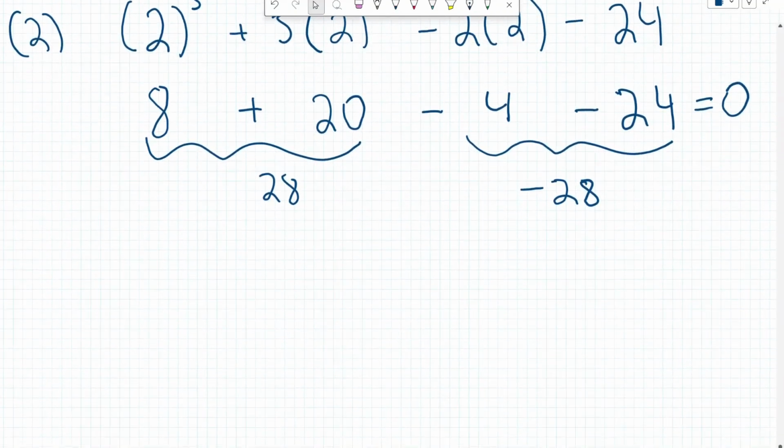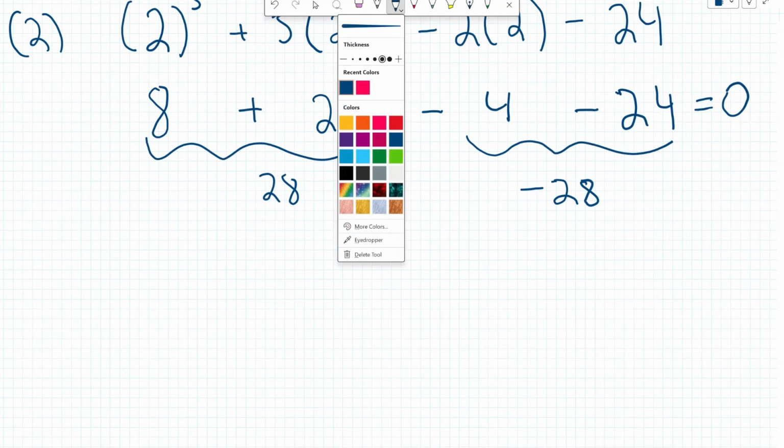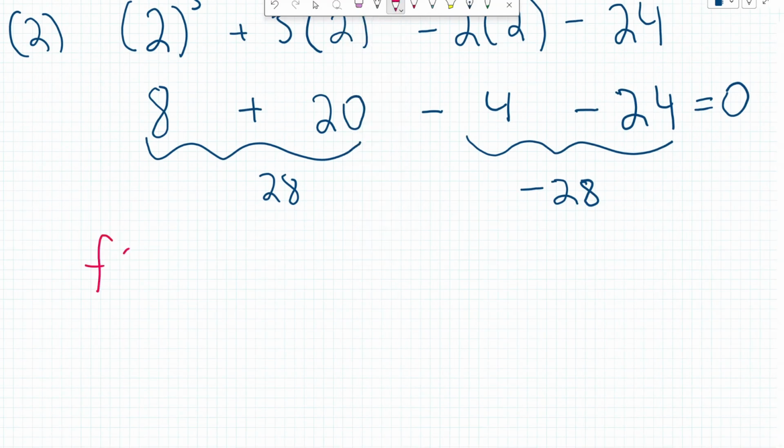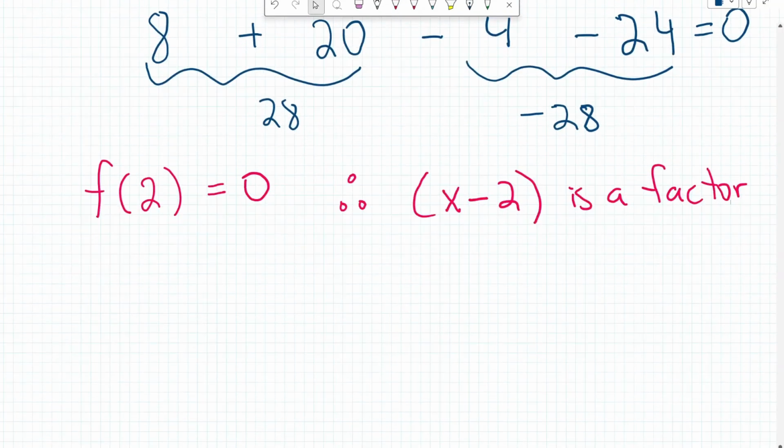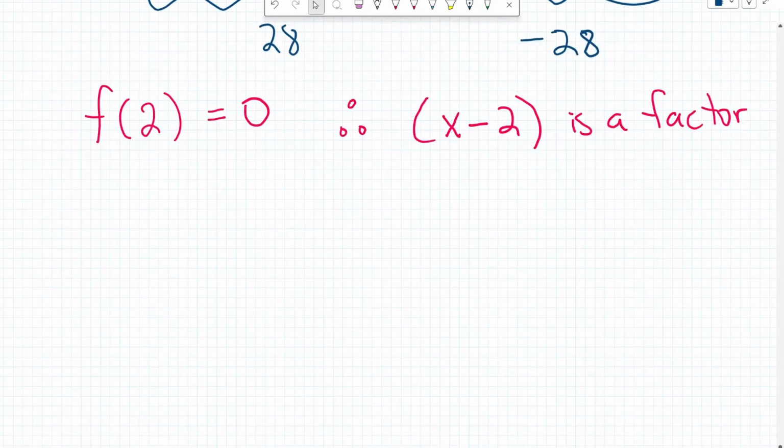What that tells us is that f of 2 equals 0. Therefore, x minus 2 is a factor of our cubic polynomial.